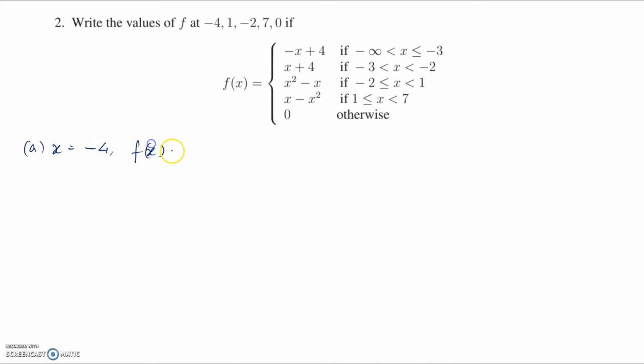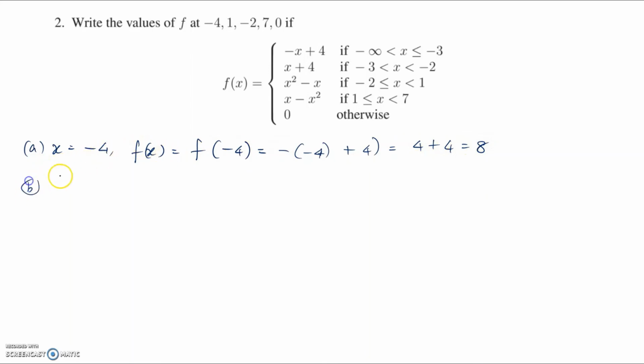Then f of x, which is nothing but f of -4, falls in the category where it's -x plus 4 if x is between -infinity to -3. Since it falls in this interval, we have to use this. So this is minus of -4 plus 4, that is 4 plus 4, that's equal to 8.